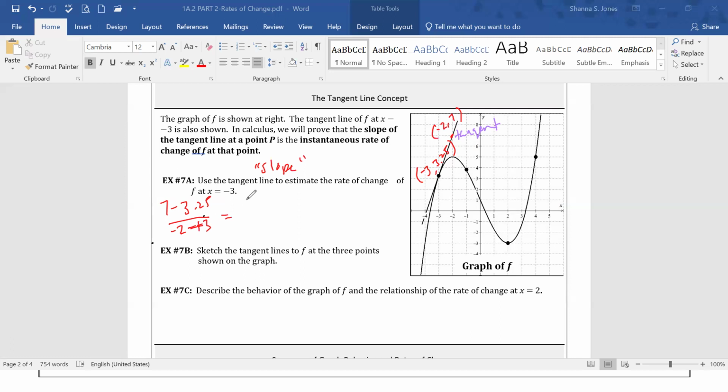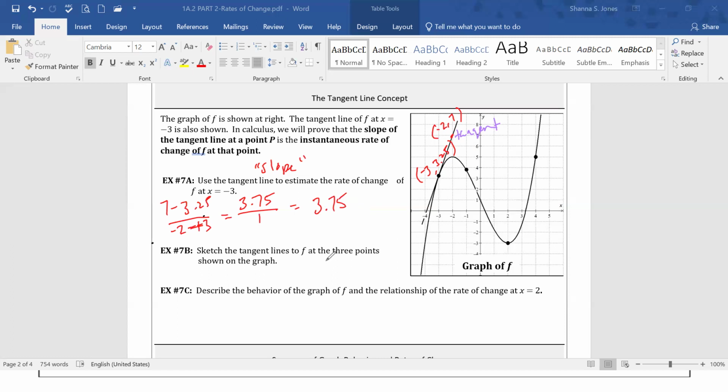If you have $7 and you spend $3.25, what are you left with? $3.75. If you owe me $2 and you have 3, how much are you going to have left after you pay me? $1. So the rate of change of your tangent line is 3.75. That's what it means when it asks you for a tangent line.